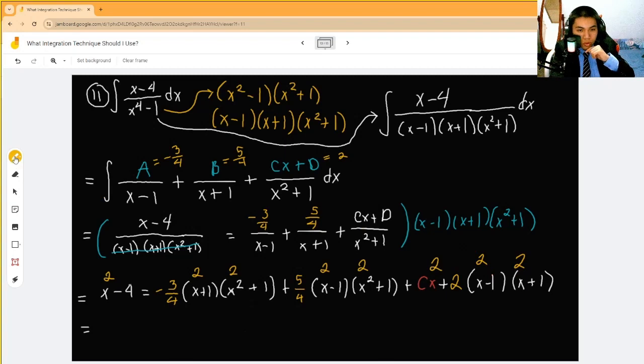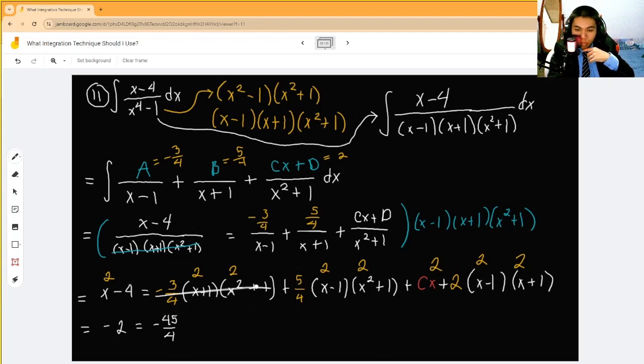So 2 minus 4 is negative 2, equal to negative 3/4 of 2 plus 1 is 3 times 2 squared plus 1 is 5. 5 times 3 is 15. 15 times negative 3 is negative 45.